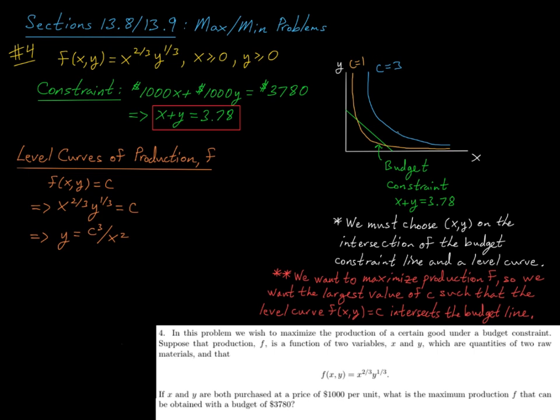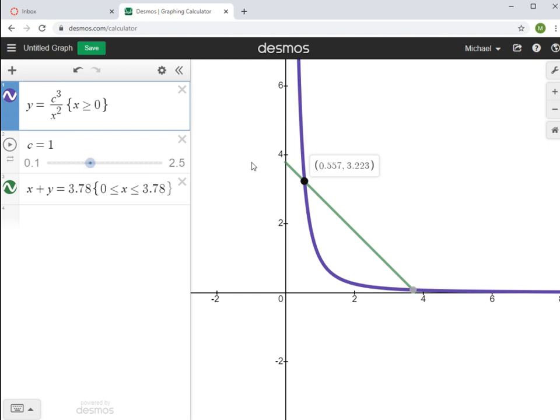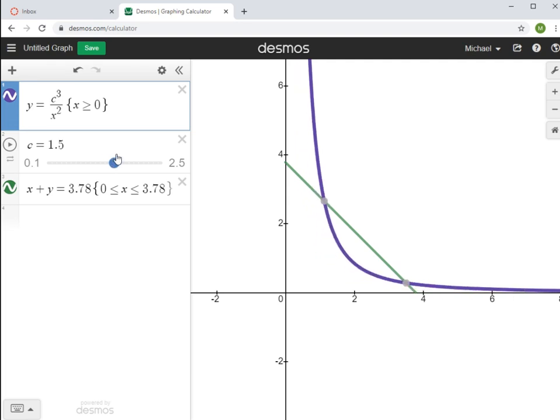As I already noted, c equals 3 is not possible for us, because all points on that level curve exceed our budget, because they lie above the line. So I'm looking for the largest value of c so that this level curve still intersects our budget line. So notice if I increase c from 1, I'm still intersecting.